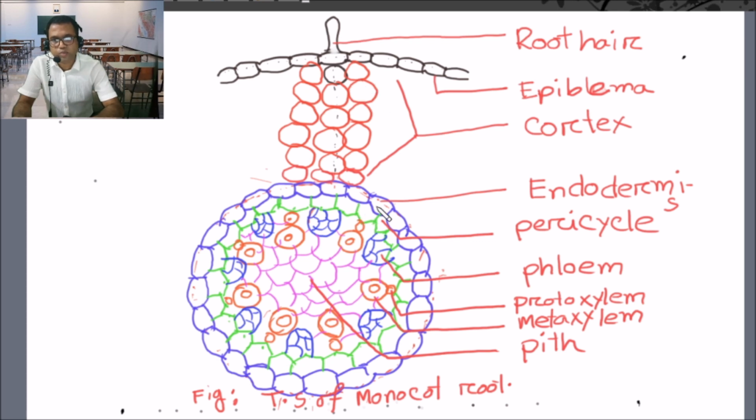This one is endodermis. Inside this endodermis there are pericycle, phloem, protoxylem, metaxylem, pith. Now we can easily draw the TS figure of a monocot root.